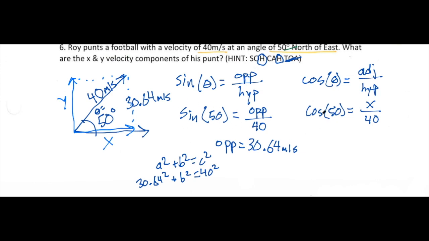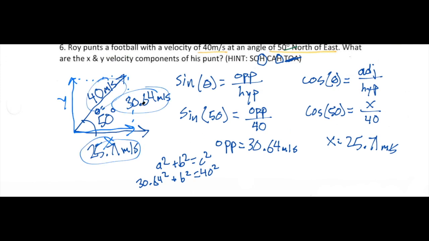It's identical in terms of how to solve it from here. Do cosine of 50, come out with your answer, multiply both sides by 40 to get x by itself, and I would come out with x is equal to 25.71 meters per second. So at this point, I would say you're not done. I mean, we kind of are, but I would say your last thing that you want to do is now take these numbers, plug them into Pythagorean Theorem.